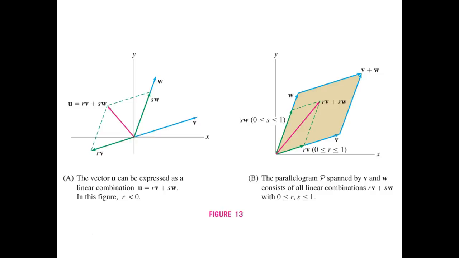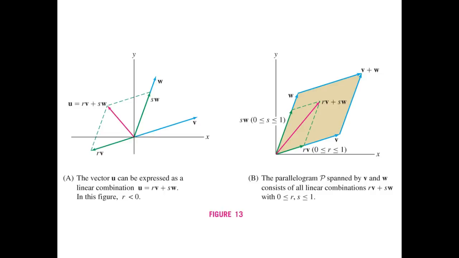I know that because sw is shorter than w. It doesn't have to be, but in this case it is. Then the linear combination of those two, rv plus sw, is going to be this pink vector here.